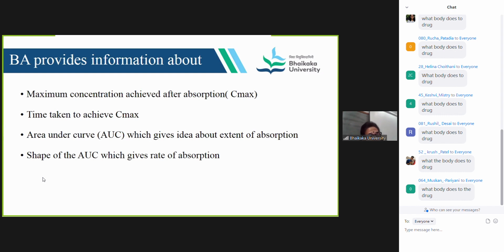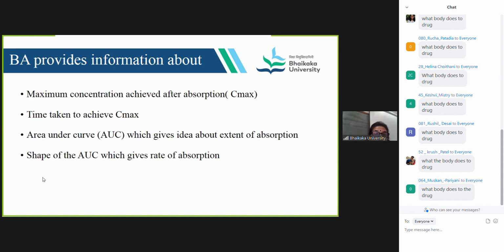And the area under the curve gives an idea about the extent of absorption. There are typical calculations where there will be a shape of the area under the curve, which gives the rate of absorption. So please remember the definition of bioavailability. What is the pharmacological relevance?